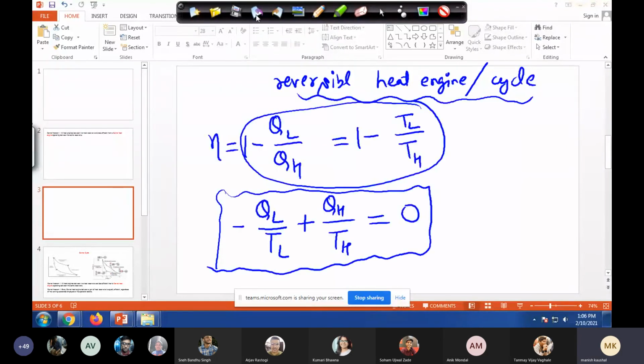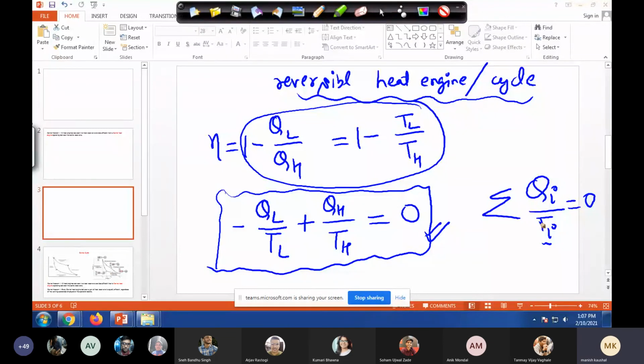What we have seen is that for a reversible heat engine, this is always true: QH by TH minus QL by TL equal to 0. If someone wants to write, someone can write summation of QI by TI equals 0, where TI is the temperature of the reservoir and engine boundary. That we'll see in detail.